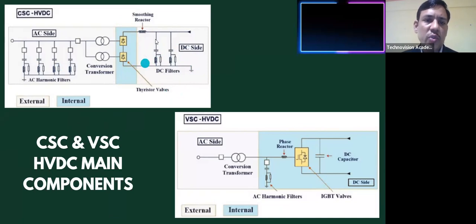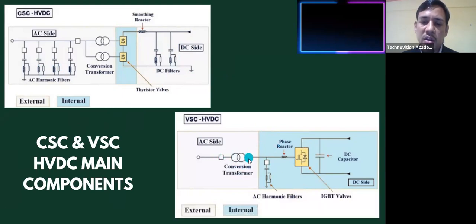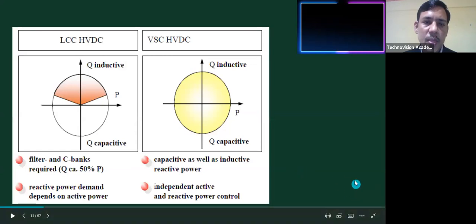Also, we can go for GIS for AC or DC side in conventional HVDC also. And if you see the VSC HVDC, these are the internal equipment, and externally there is a transformer.